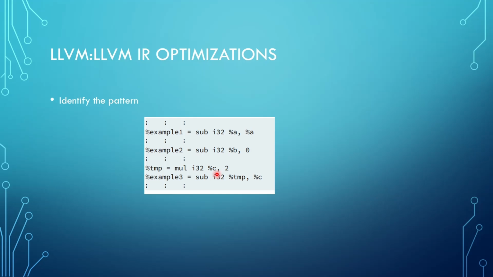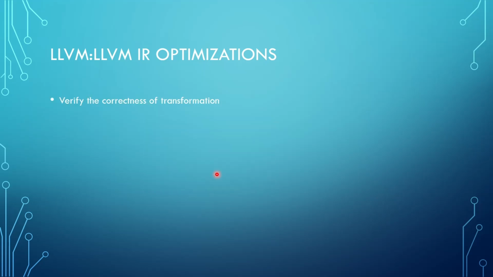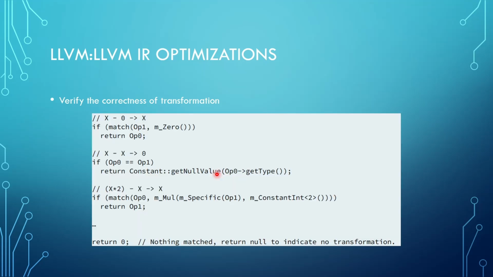Now the second step is to verify the correctness of the transformation. For the patterns that we identified, these are the C++ checks for each of them that match the conditions for those patterns.